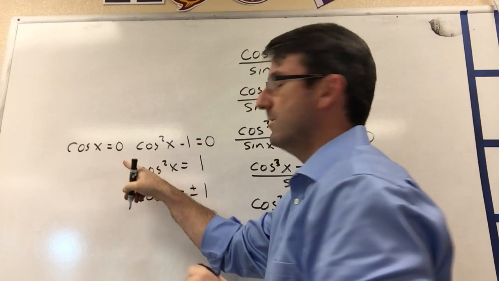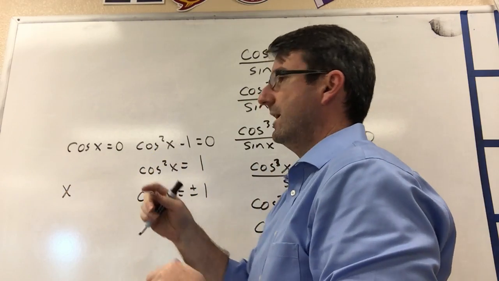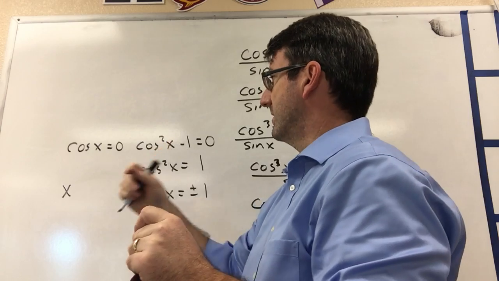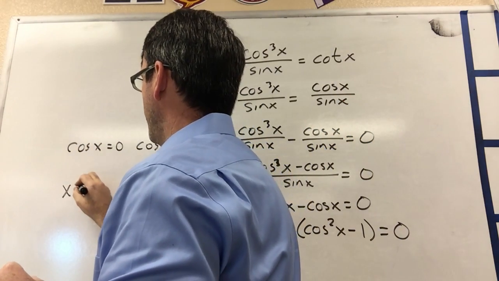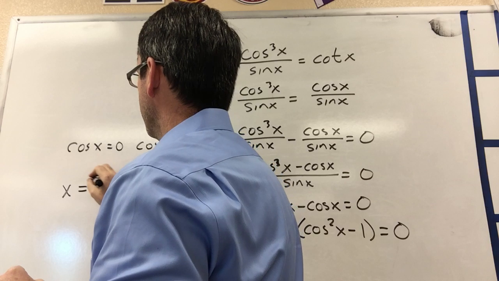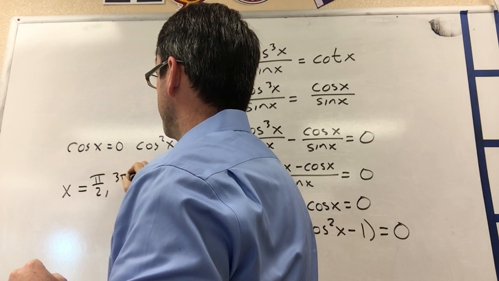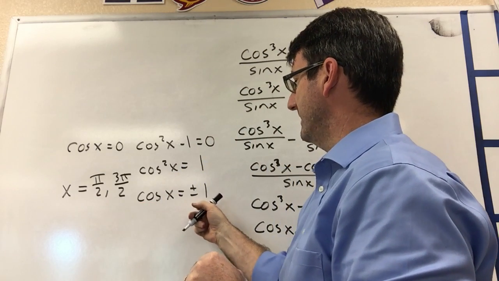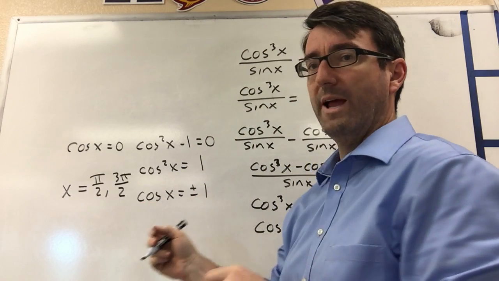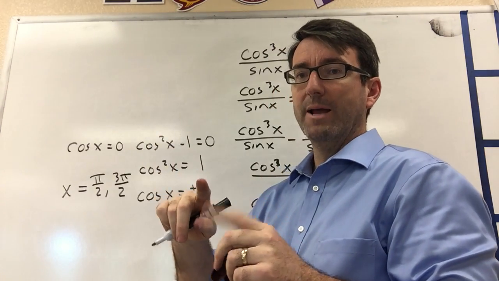So if cosine of x is equal to 0, then x has got to be pi over 2 or 3 pi over 2. And now cosine of x is going to be equal to 1 or negative 1 at 0 and at pi.